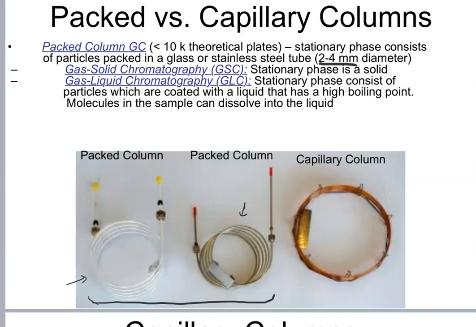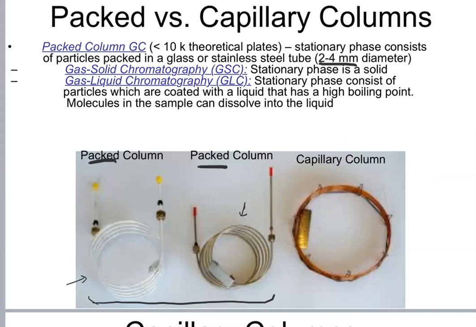And inside those tubes, you basically fill the entire tube with stationary phase material, hence the name packed column. So the mobile phase gas, the carrier gas, actually has to percolate through this column around the particles as it traverses from one end of the column to the other. Okay, these are our packed columns.